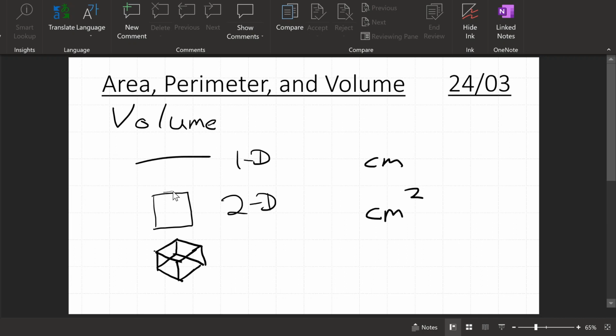And when we look at the perimeter, wait a second, the perimeter was in centimeters, because the perimeter is just the length. It's a one-dimensional value describing a two-dimensional object. We'll talk about a two-dimensional value that we use to describe a three-dimensional object in a little bit. But when we're looking at three-dimensional objects, volume is going to be centimeters cubed.